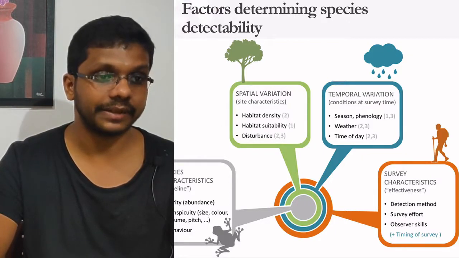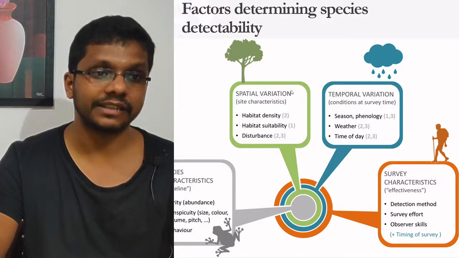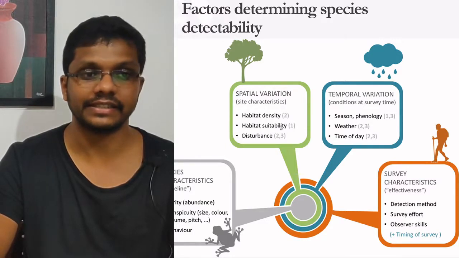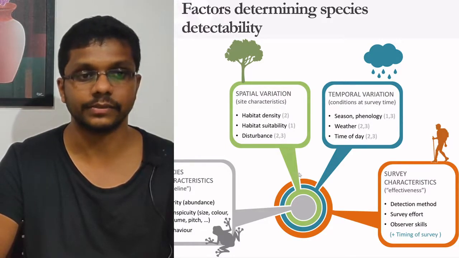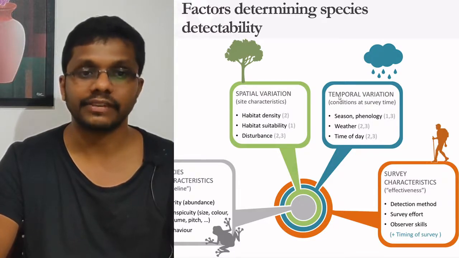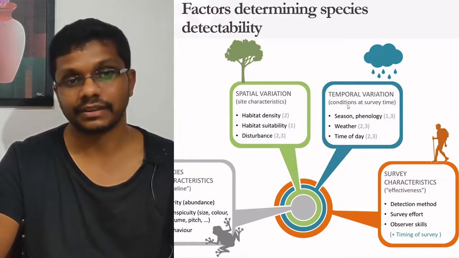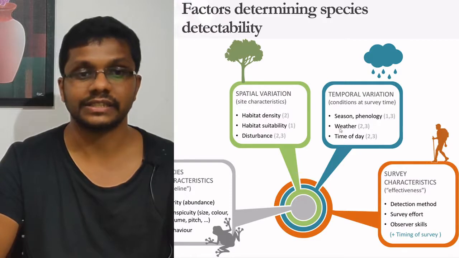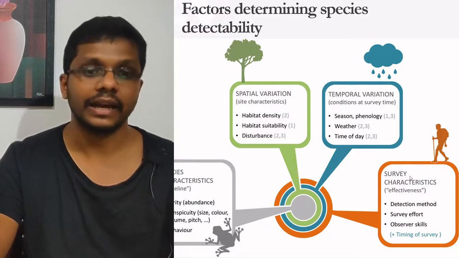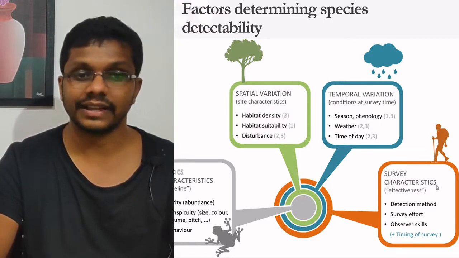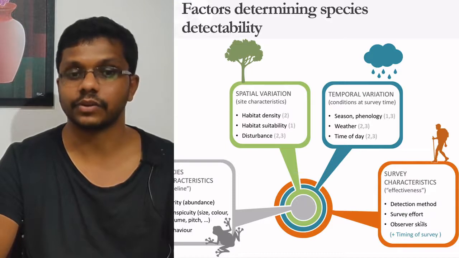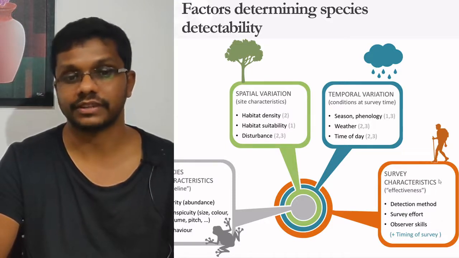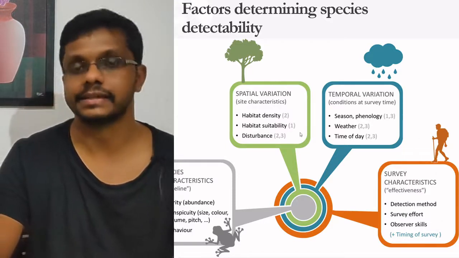It can be affected by species characteristics, spatial variation because of habitat densities, suitability and disturbances, or temporal variations during the survey, like seasonal variations, phenological changes, weather, time of day, and survey characteristics like detection methods, survey effort, observer skills, time of survey. Everything can affect detectability.